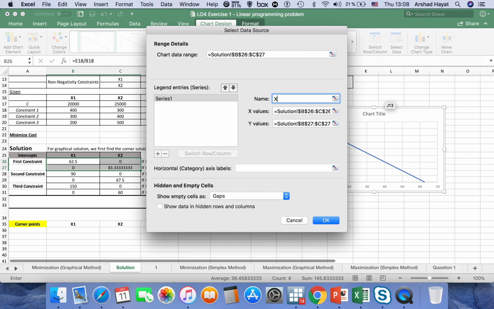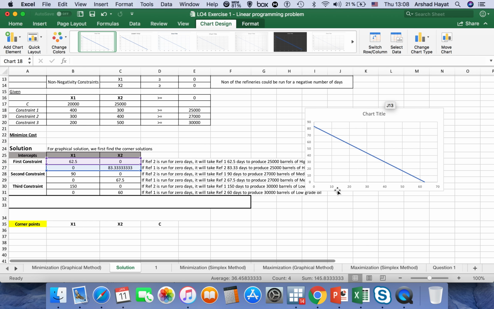I think we can give this x1, and this would give the name to the total. So yeah, this is x1 and this is x2.